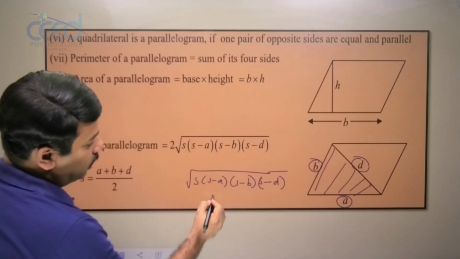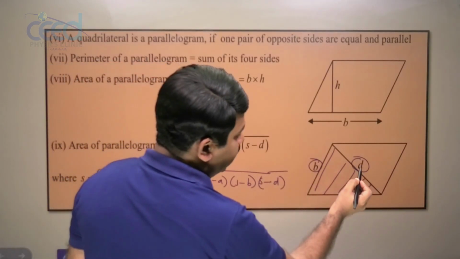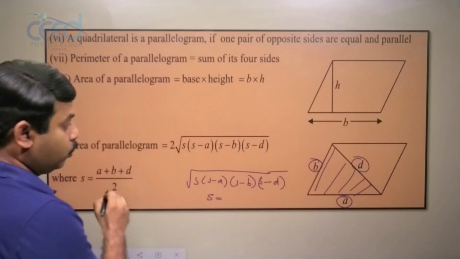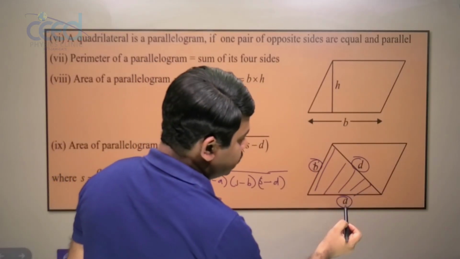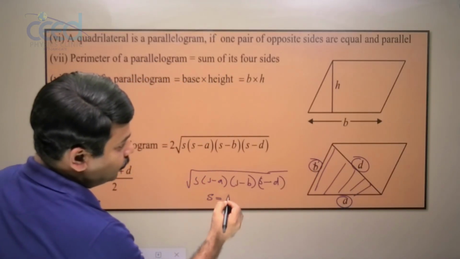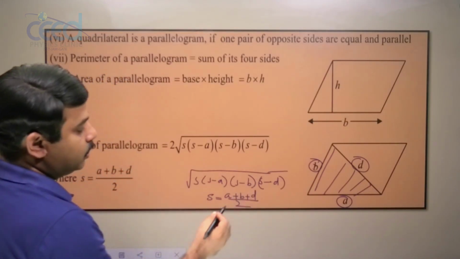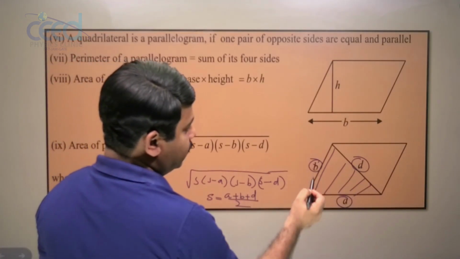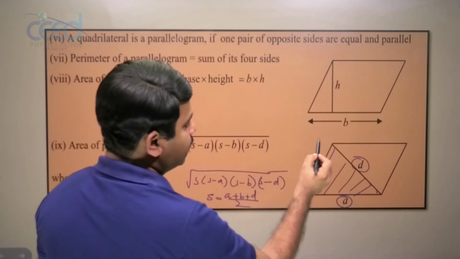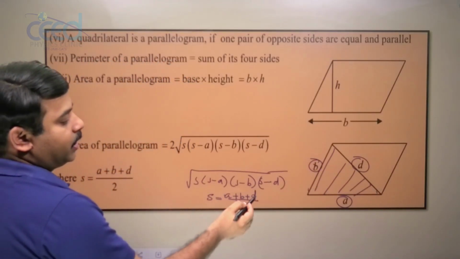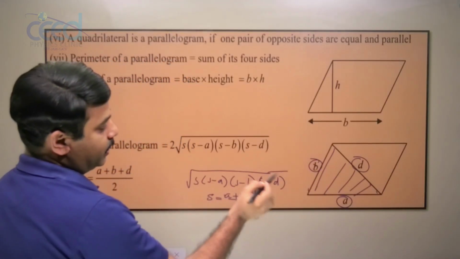S we defined as A plus B plus D divided by 2. You add all the sides and divide by 2.